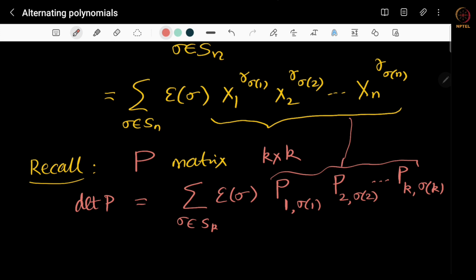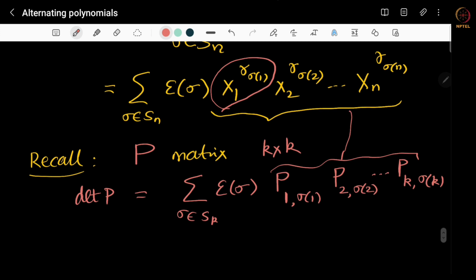You say, well, I run over all permutations sigma of S_k, epsilon sigma, and then I take the first row, and in the first row I take the column sigma 1, the entry in that. The second row I take the entry in column sigma 2, and so on till P k sigma k. Right? This is what expanding a determinant means.